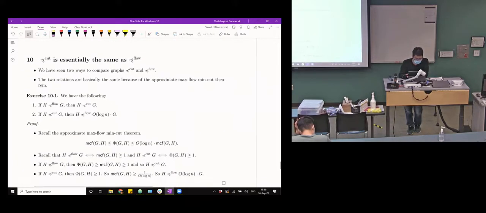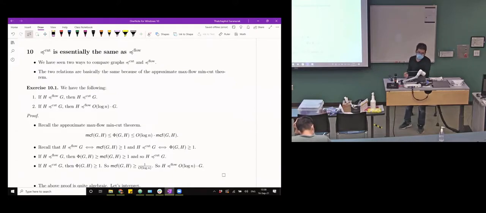Now, I just want to talk about the relationship between this comparison based on cut and this comparison based on flow.